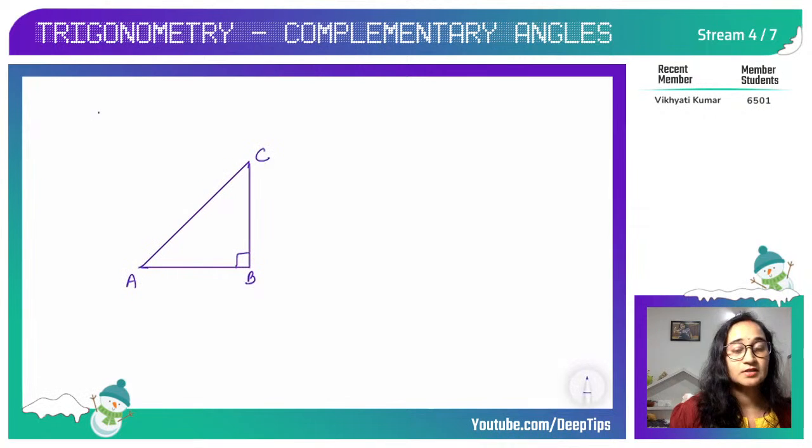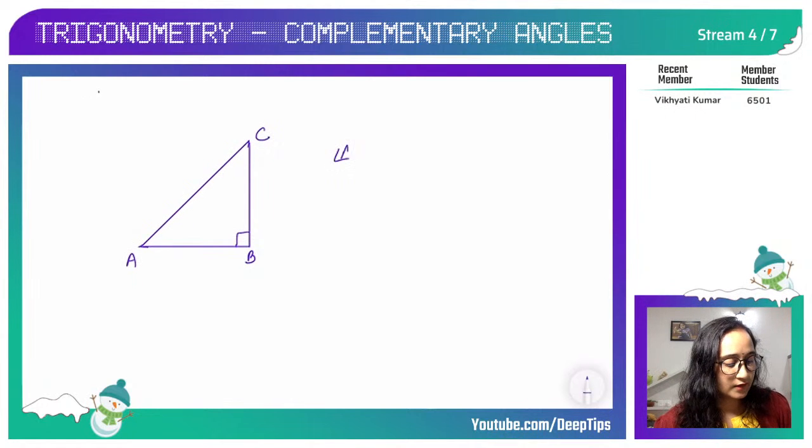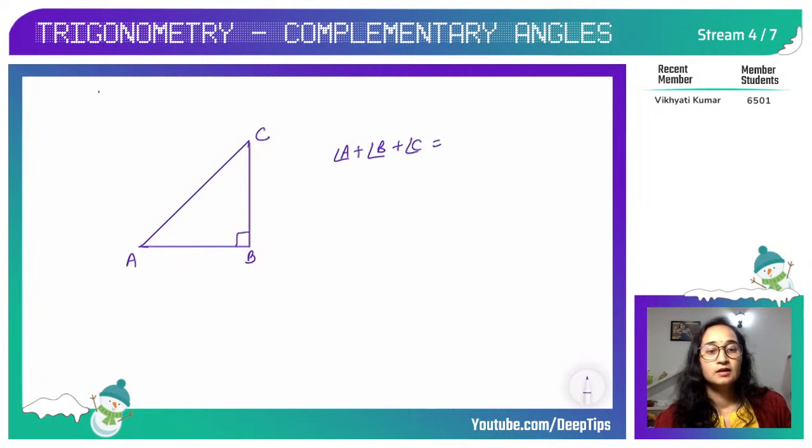So if you look at my screen, I have drawn a right angle triangle which is right angled at B. So we know that the sum of 3 angles of a triangle is 180 degrees, correct? So if I say angle A plus angle B plus angle C, their sum is equal to 180 degrees using the angle sum property.